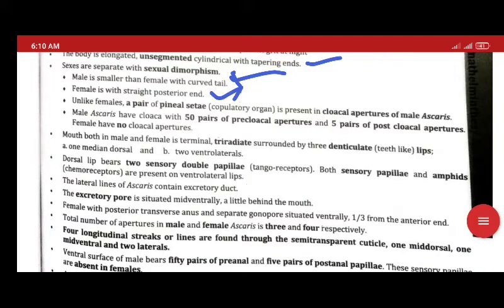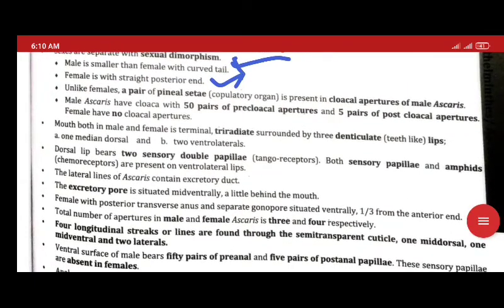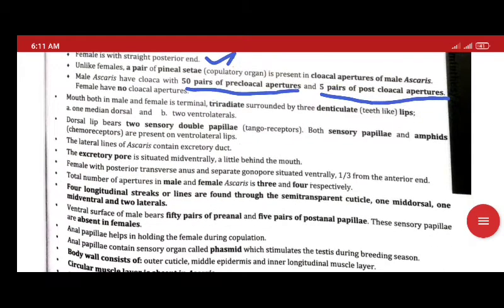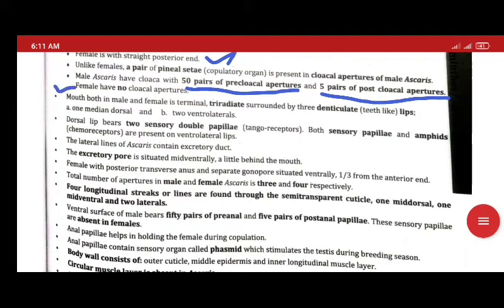So unlike female, male has what, penial setae. Penial setae is a copulatory organ, means for sex purpose they make contact with female. So male Ascaris contains 50 pairs of preanal papillae and 5 pairs of postanal papillae, and female has no cloacal apparatus.